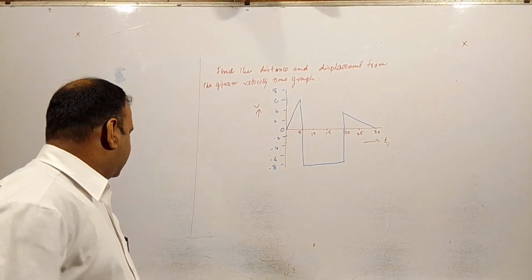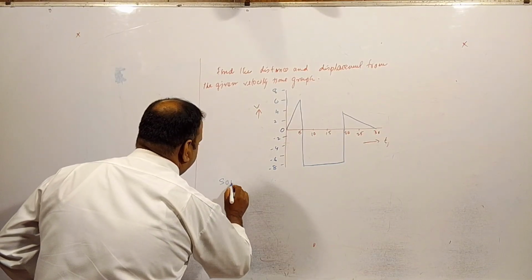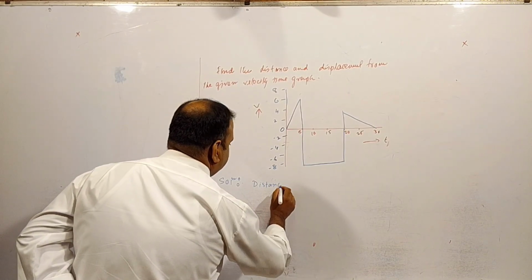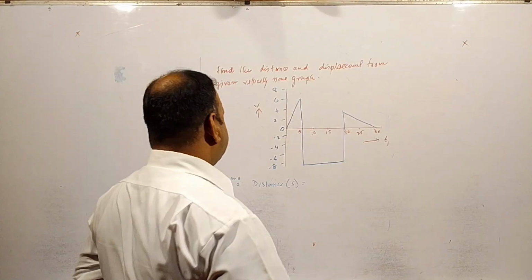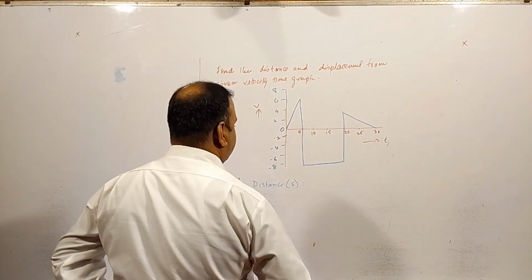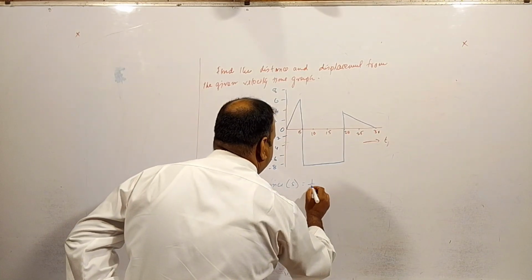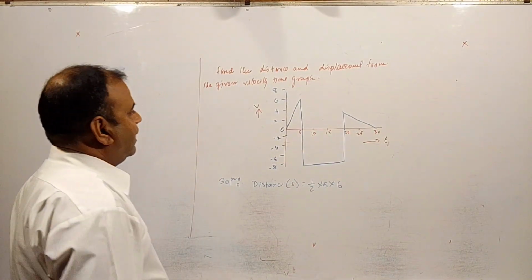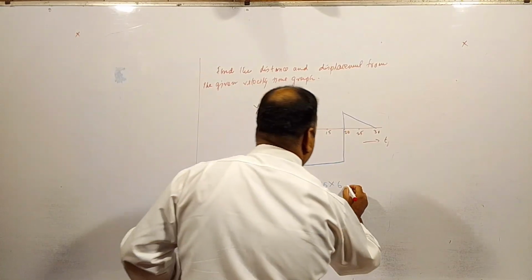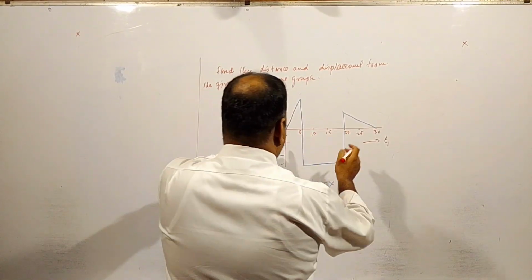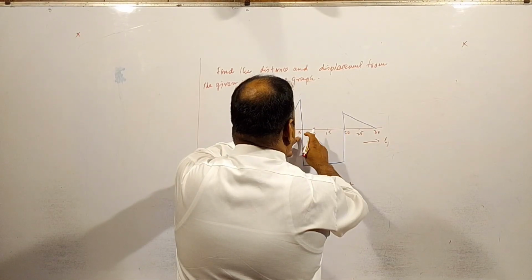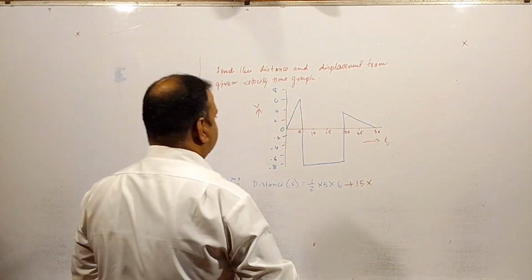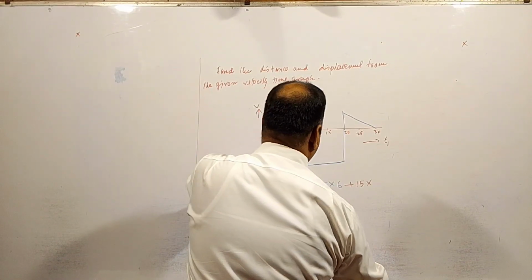Very simple, remember the solution. First, distance. Distance S means the area under the graph. This first part is a triangle, so area is half into base into height; base is 5 and height is 6. Next is a rectangle, so length into breadth.